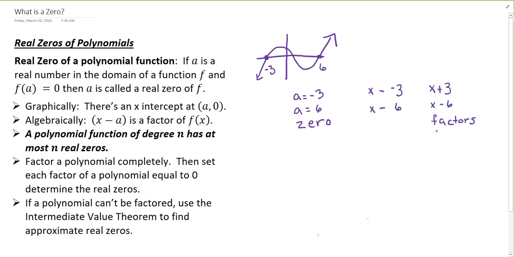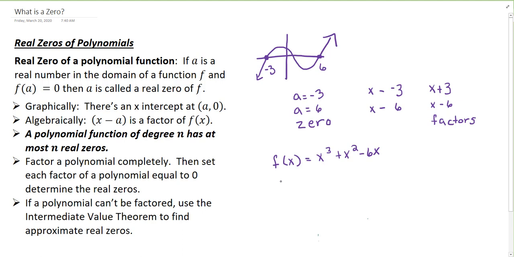Now, a polynomial, as we know, has a certain degree, so the highest power of the polynomial. So let's say we consider that we have the function f of x equals x cubed plus x squared minus 6x. So we would know that the degree of this polynomial is 3.